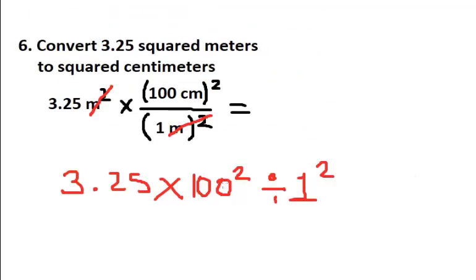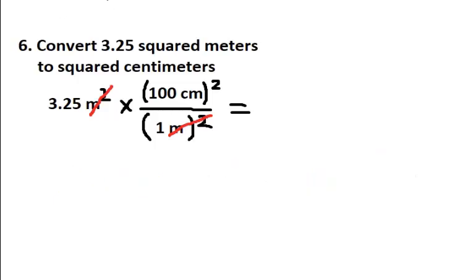You put that in your calculator, you press equal, and that should give you the answer. The answer in this case would be 32,500 square centimeters. So you put cm, but don't forget to put the square. And that will be the answer for this exercise.